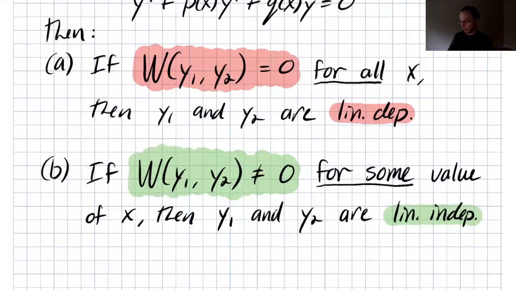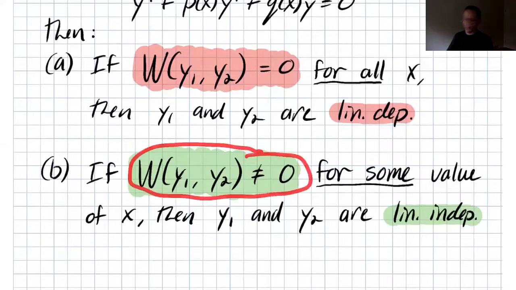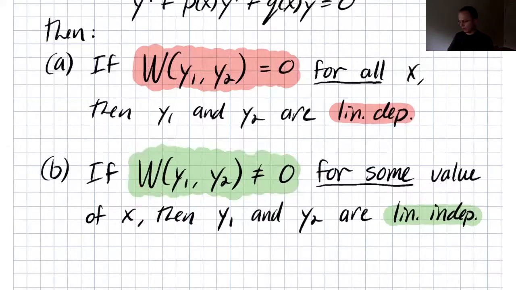However, if the Wronskian is never 0, and this is what we saw in our last example, and we just need it to be non-zero for some value of x, then in that case, y1 and y2 have to be linearly independent.